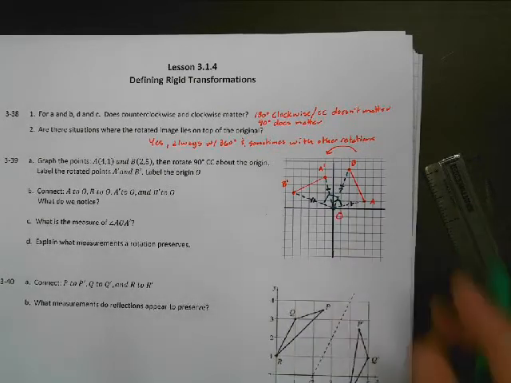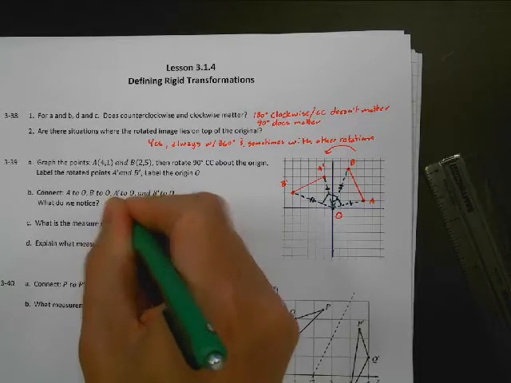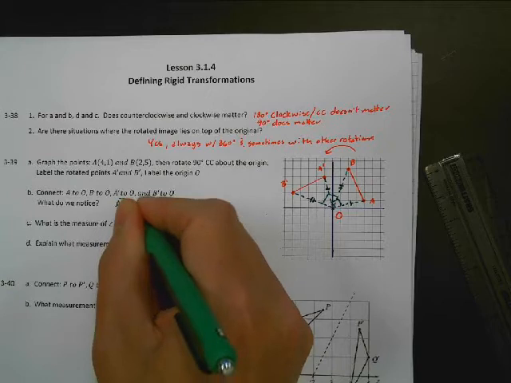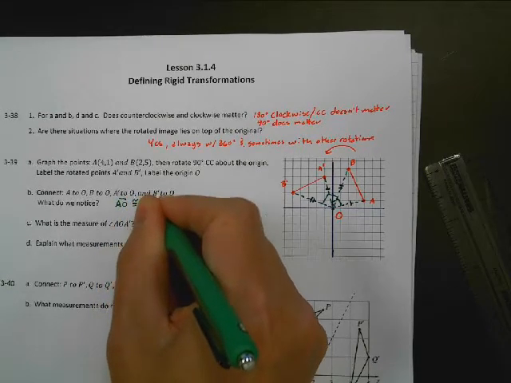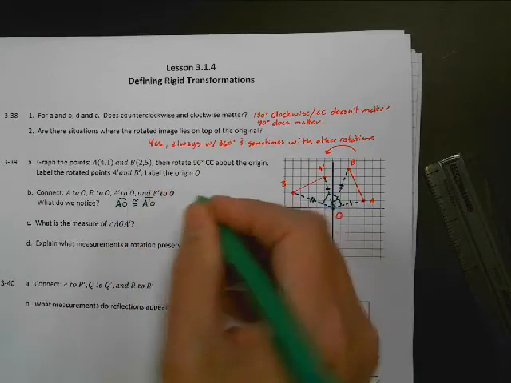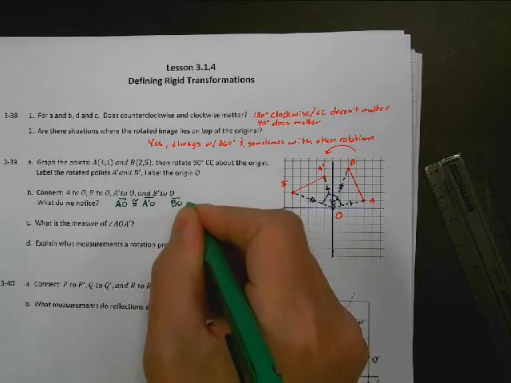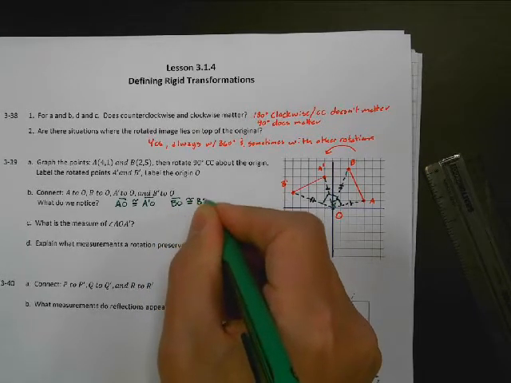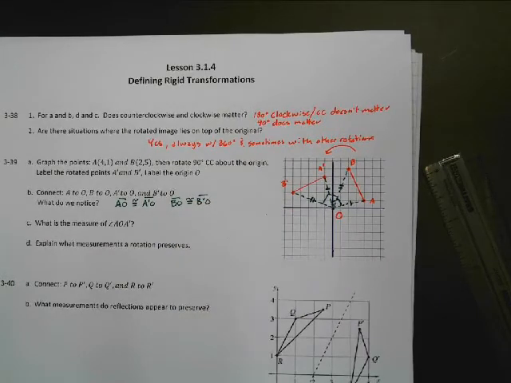Okay, so we notice that AO is congruent, or the same measurement, as A prime O. And we notice that BO is congruent, or the same distance, as B prime O. We also notice that we have some perpendicular lines.